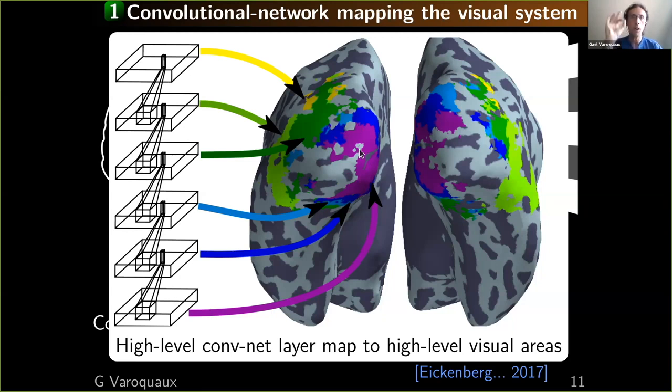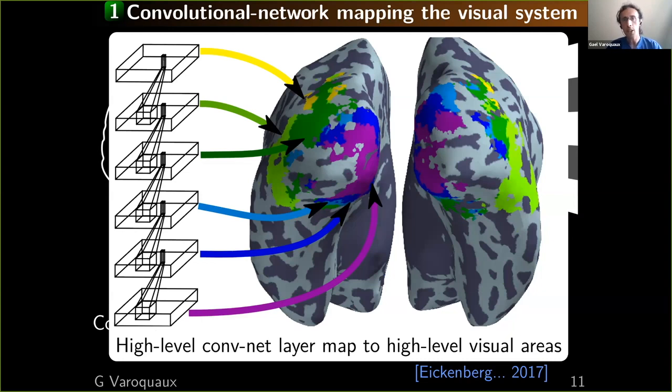And as we move up the ladder of the hierarchy, higher-level descriptions map better to higher-level regions. So this is an argument that the representations that the neural network is building are actually good representations of the stimuli to explain the brain responses. In another way, the brain responses are probably tightly related to those representations.